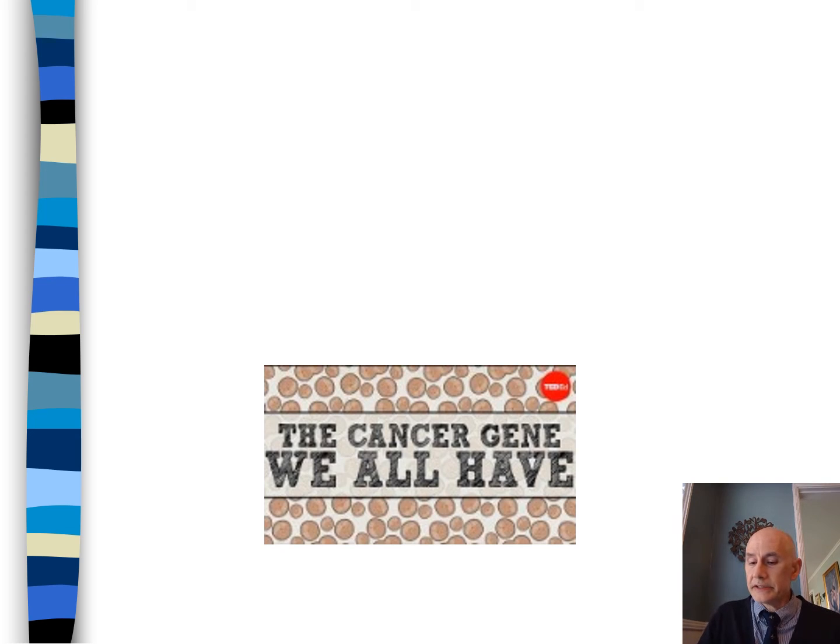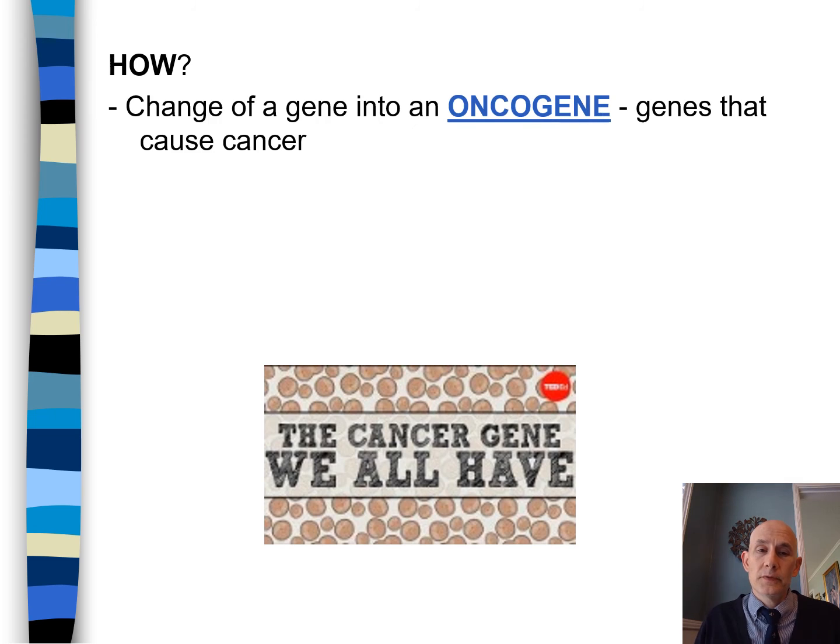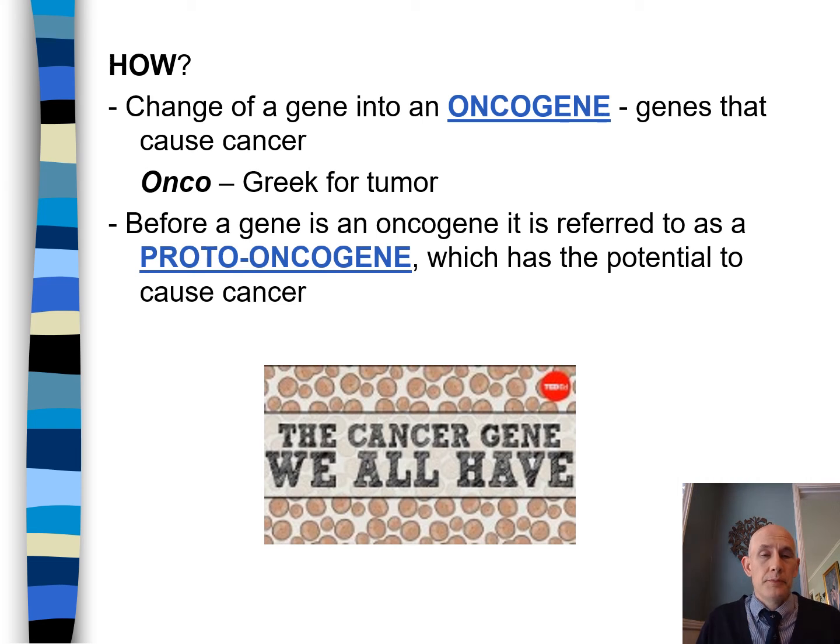Okay. So the mechanism for cells to become cancerous, very generally, because all the mechanisms are not even known. One of the mechanisms is for a cell to start expressing what is known as an oncogene, which is a tumor-causing gene. Prior to becoming an oncogene, a gene is known as a proto-oncogene, or has the potential to become one.